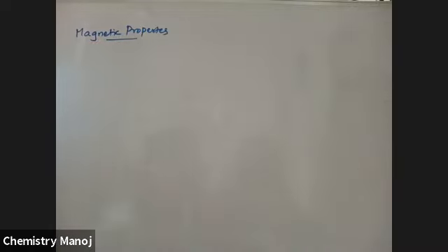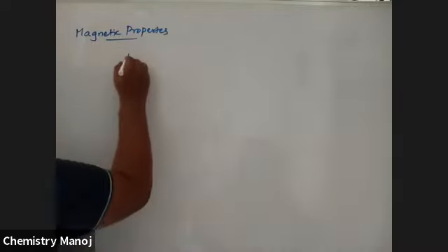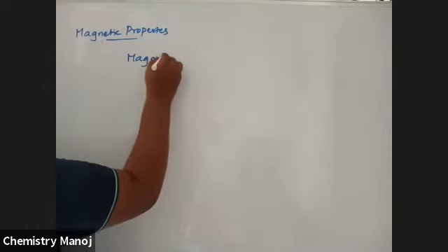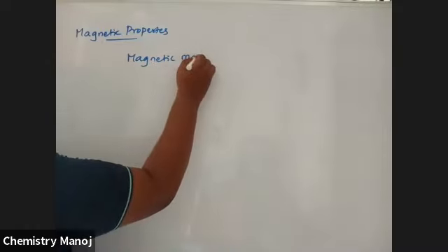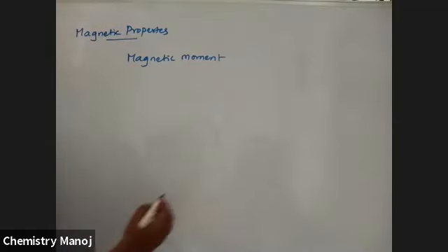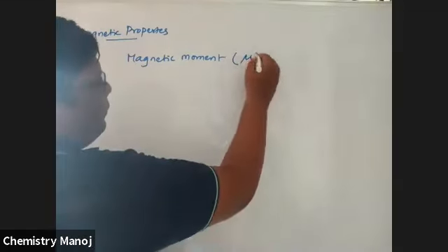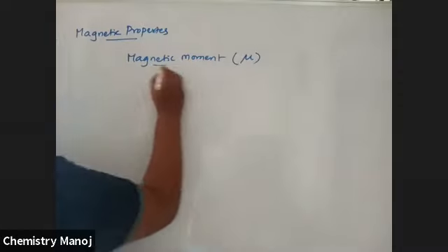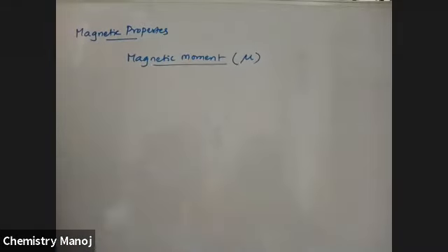Magnetic properties are explained by magnetic moment, and its symbol is mu. What is this magnetic property?